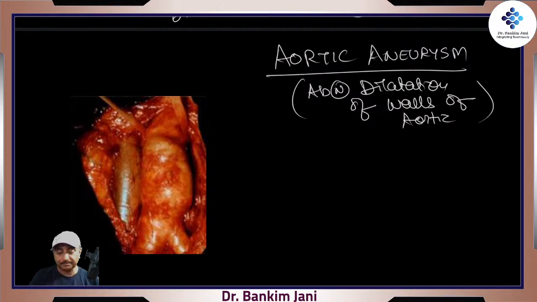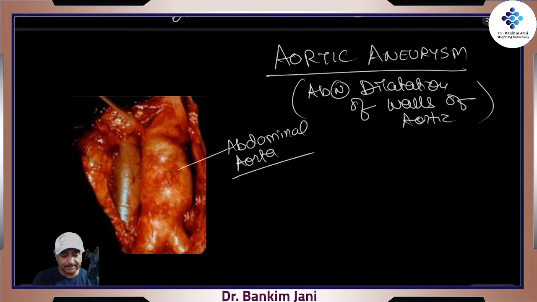Over here, this is not thoracic, this is the abdominal aorta. To be very frank, this is the commonest site. See, this is just before the bifurcation, this is the right and this one is the left common iliac artery.